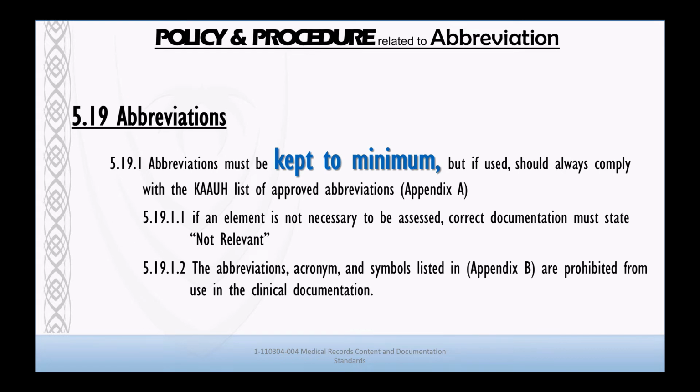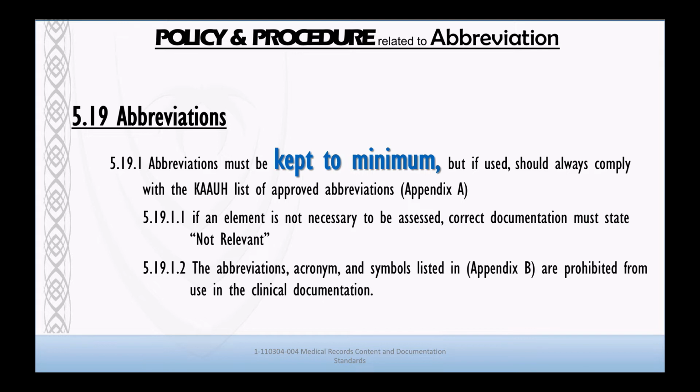5.19. Abbreviations. 5.19.1. Abbreviations must be kept to minimum, but if used, should always comply with the KUH list of approved abbreviations.